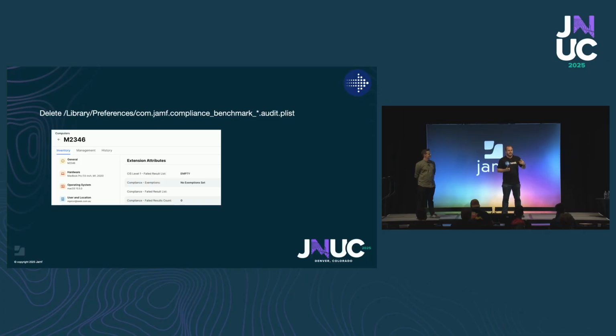And it means that in this case, it won't even remove it either. So the key here is to delete the plist completely, let the audit policy run again so that it can repopulate it, and now we've removed the ones that it stopped updating.